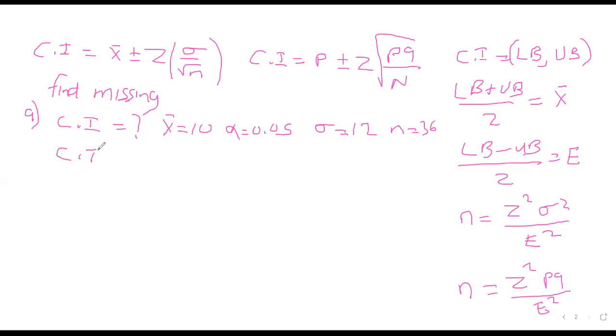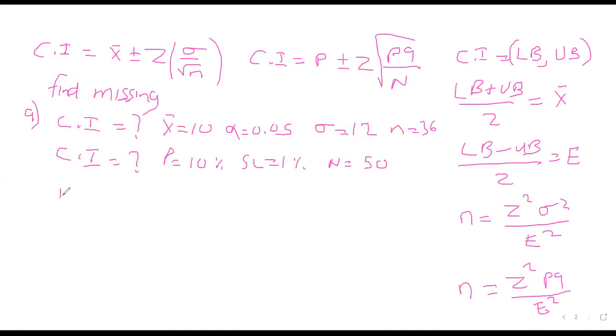You can also be asked to find the confidence interval when your p is 10%, your level of significance is 1%, your n is 50.